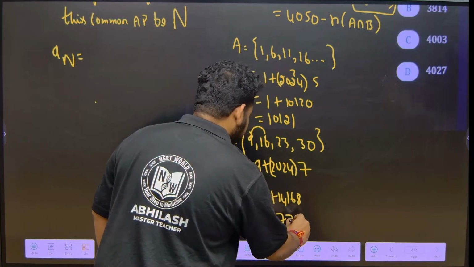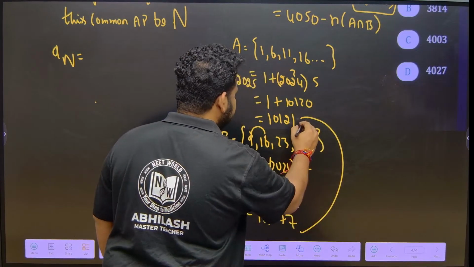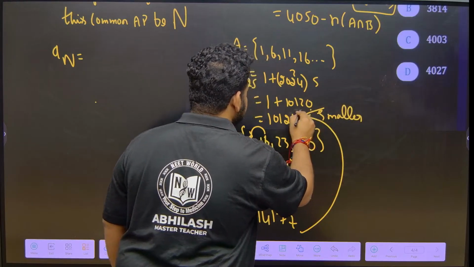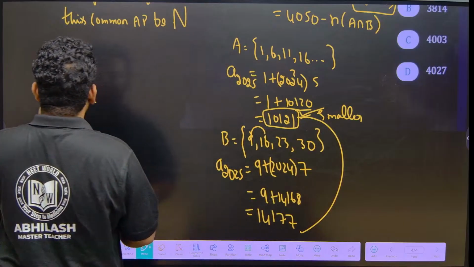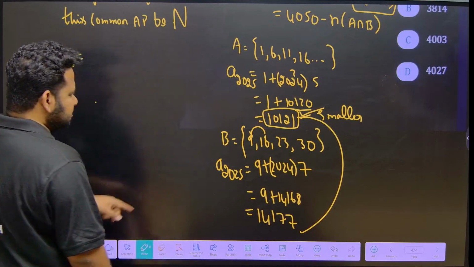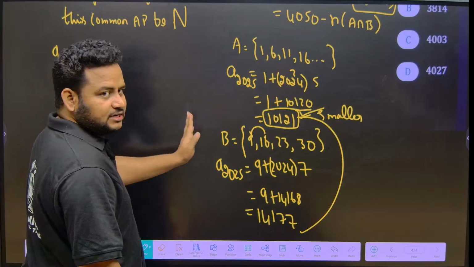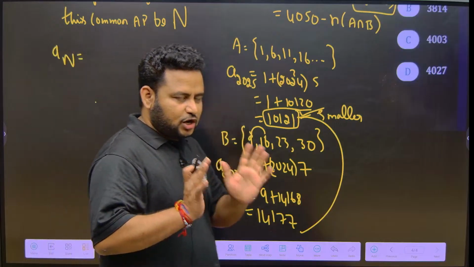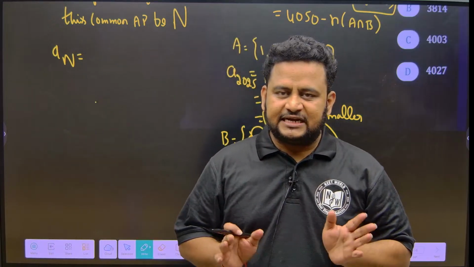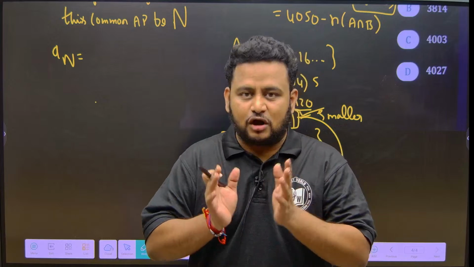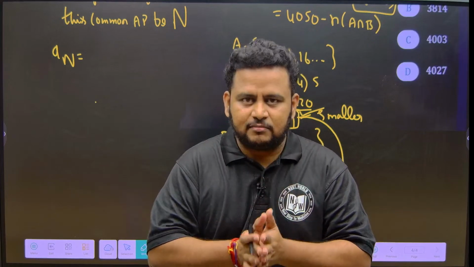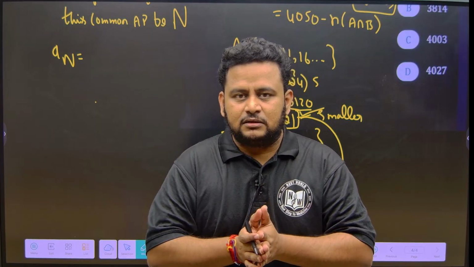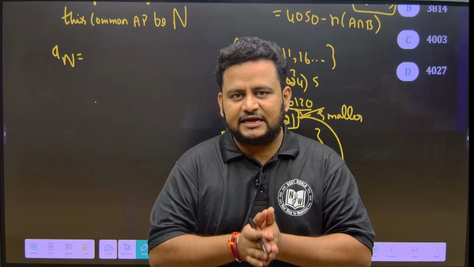So out of this and this, which is smaller? This one is smaller, so we have to consider this one. The N-th term of this common AP will definitely be smaller than or equal to the N-th term of the two APs.